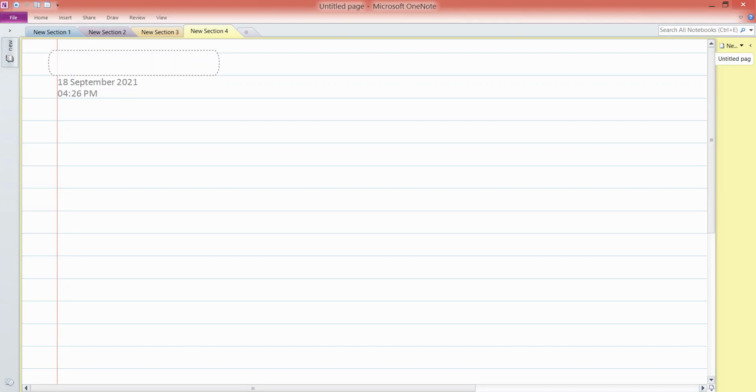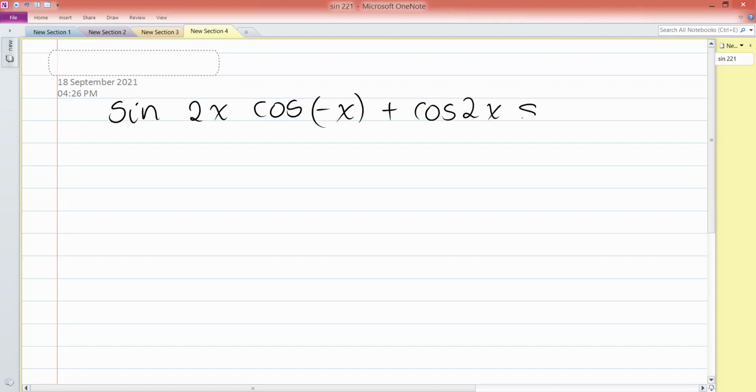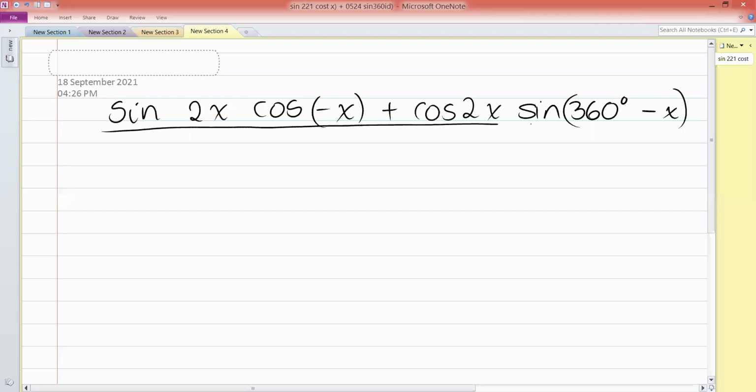Okay, so it was this question: sine 2x cos negative x plus cos 2x sine 360 degrees minus x, all divided by sine 180 degrees plus x. Now this question wants us to determine, without using a calculator, the value of this trigonometric expression.